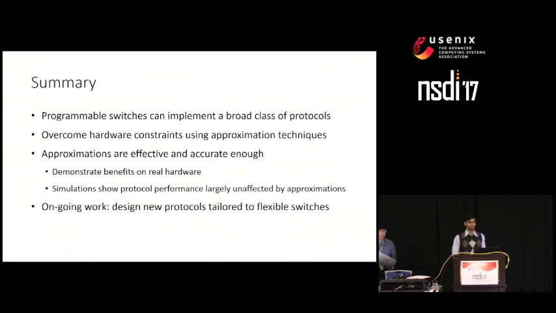Right. So to recap, Domino is a work at SIGCOMM which basically proposes a high-level language to express the same sort of protocols on top of these flexible switches. And I think the key difference is, in Domino, if there is a protocol that cannot be expressed on this limited hardware, the compiler will just throw back saying, well, I can't do this because the programmability of the elements is not expressive enough.